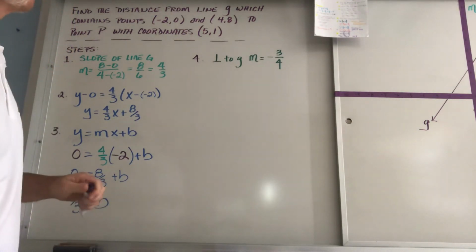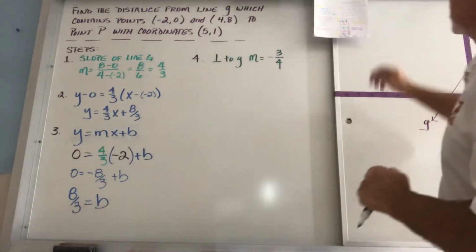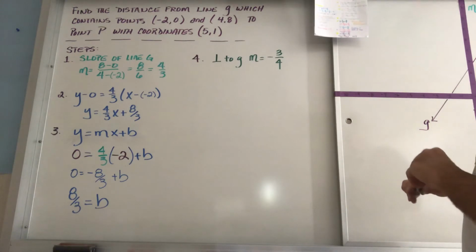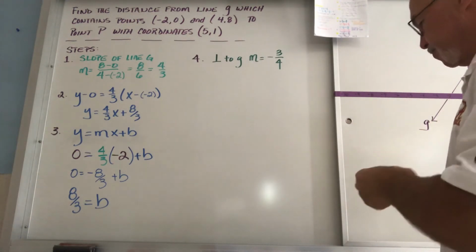Okay. Then we're going to figure out the equation for that line, and we'll go with the point slope form again.